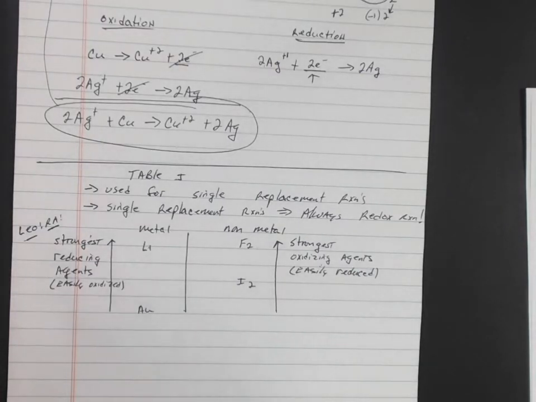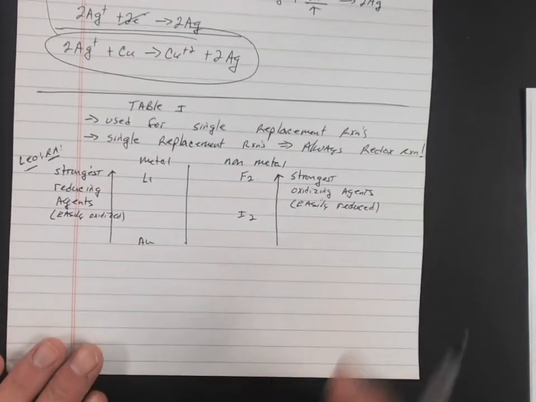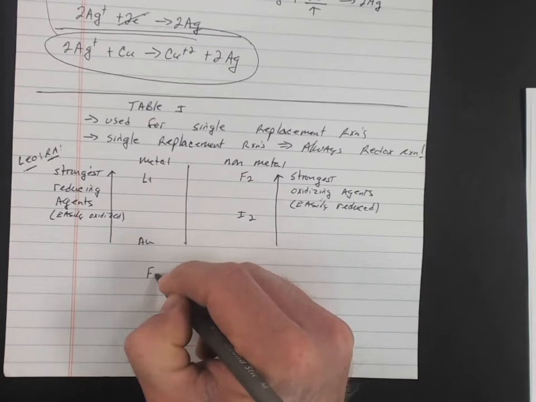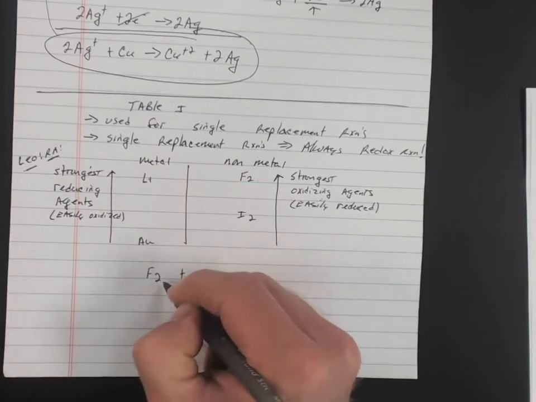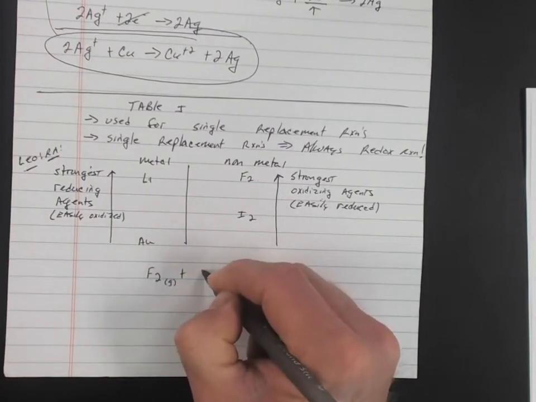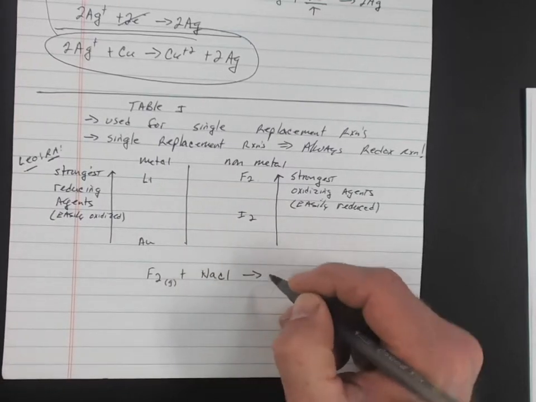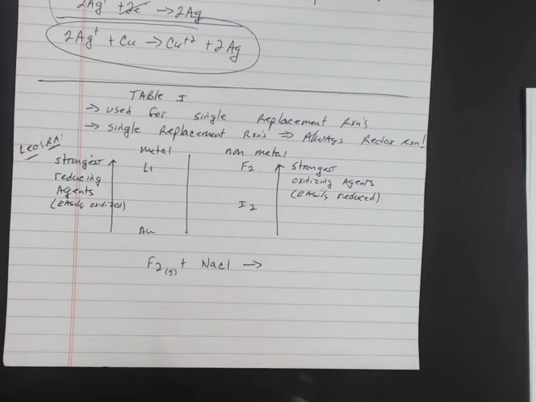Okay, let's try one more hookup here. But this time let's do it for a nonmetal kicking out another nonmetal. So let's say that we have F2 as a gas, and it's butting in here on NaCl. Remember, which atom does the F2 tap on the shoulder?